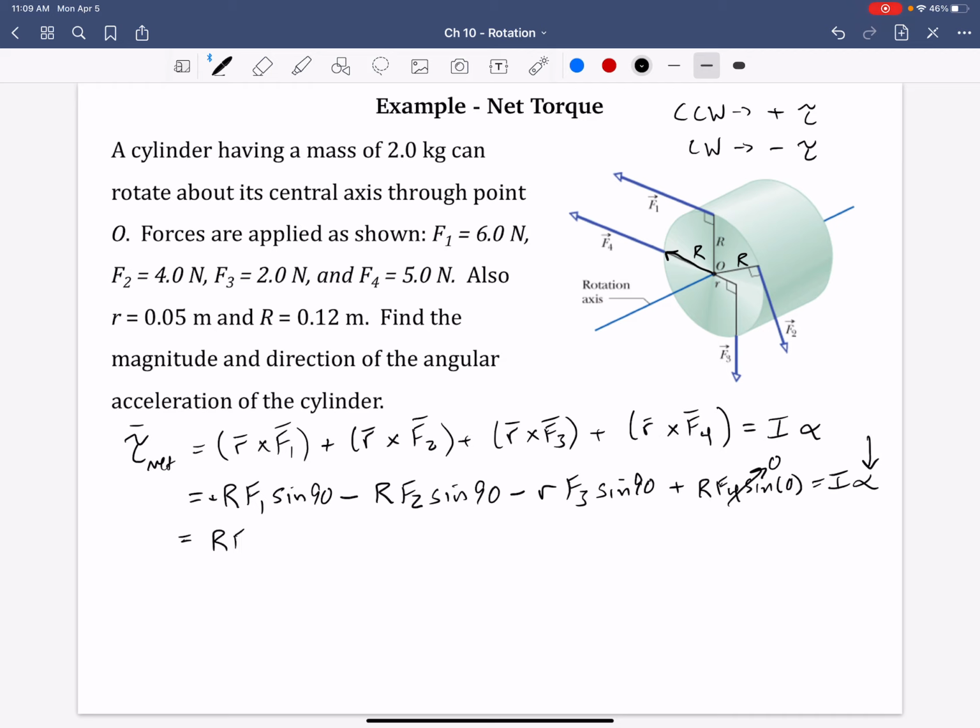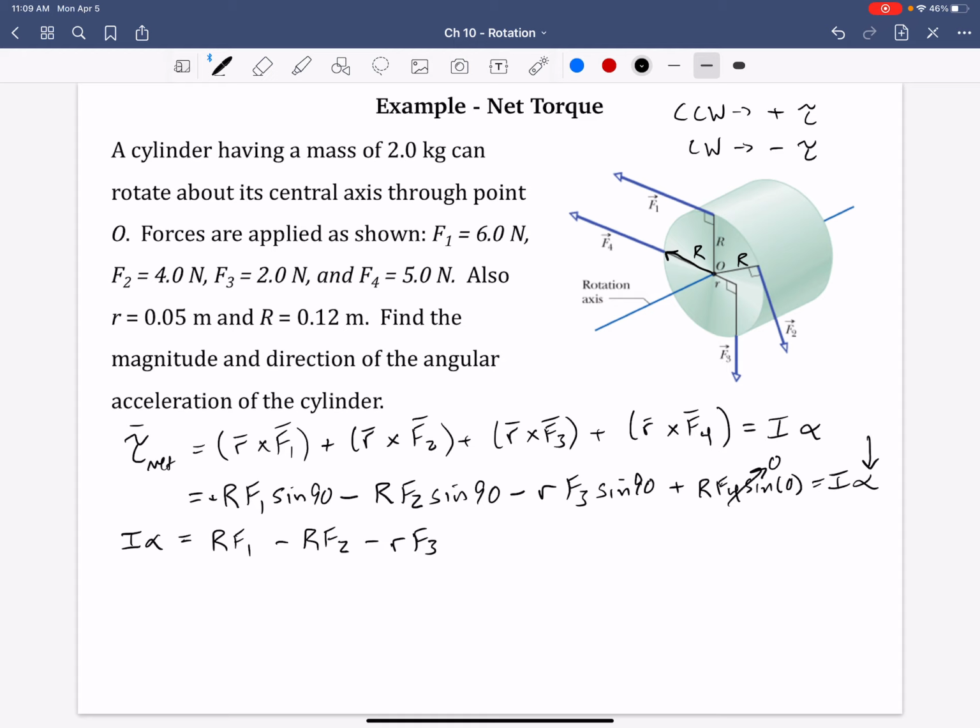F1 sine 90 is 1, minus R F2, minus lowercase r F3. Actually, let me put I alpha on the left here. Really, the rest of the problem is algebra. This first line and this second line is really the physics, the new physics from chapter 10. Once you get that, then it's just algebra.